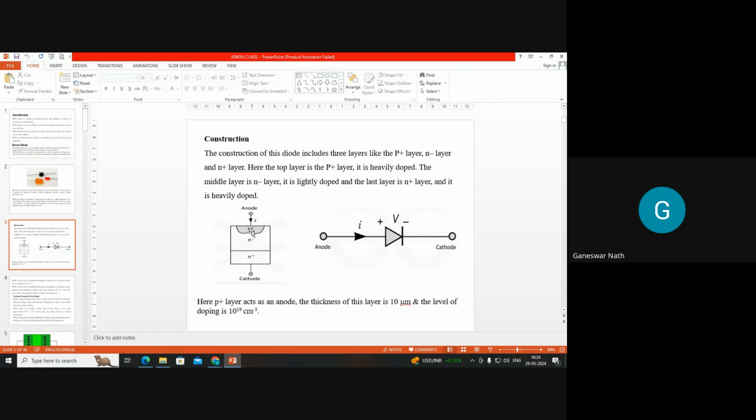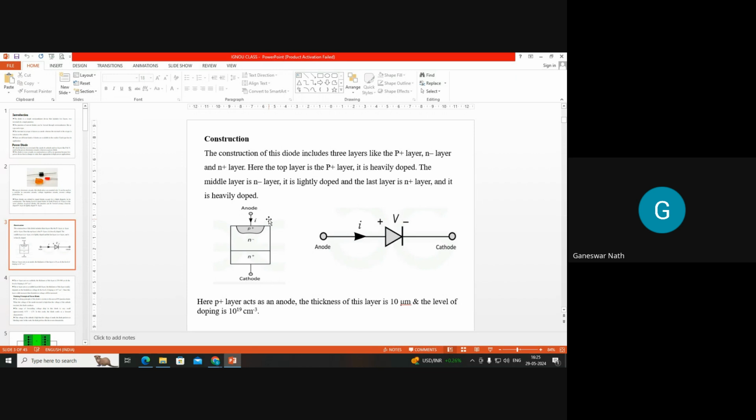In a general diode, you find only a P and N, but in this diode you get a heavily doped P plus and N plus with a lightly doped N minus, which is not in the case of the general PN junction diode. So this is the basic constructional difference, a more complex structure in the case of the power diode.